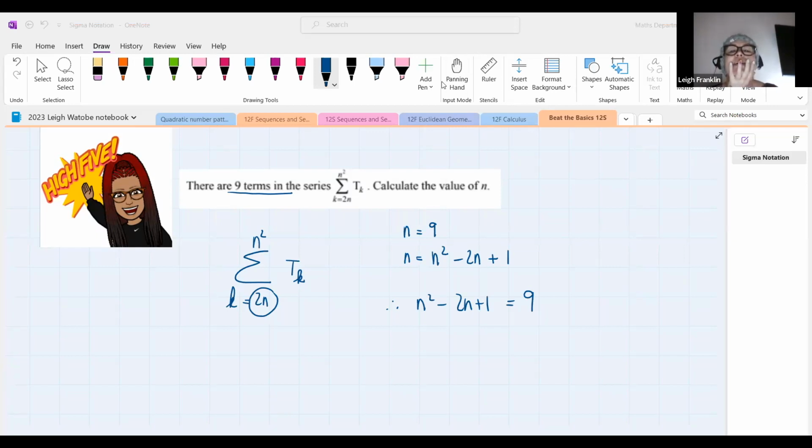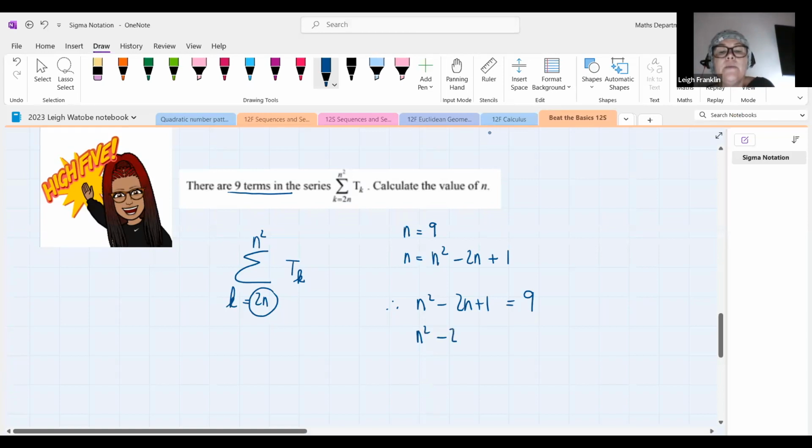Okay, so you were on the right track, Sinenhlanhla. Everybody happy with that? There are 9 terms in the series. They told us that. We can calculate the number of terms in the series by taking the number at the top, minusing the number at the bottom, and adding 1. So that means that n squared minus 2n plus 1 has to be equal to 9.